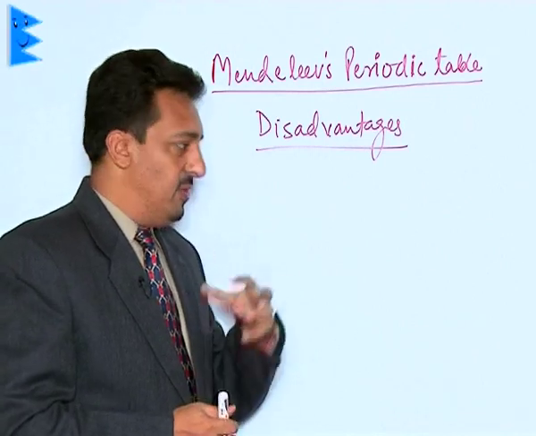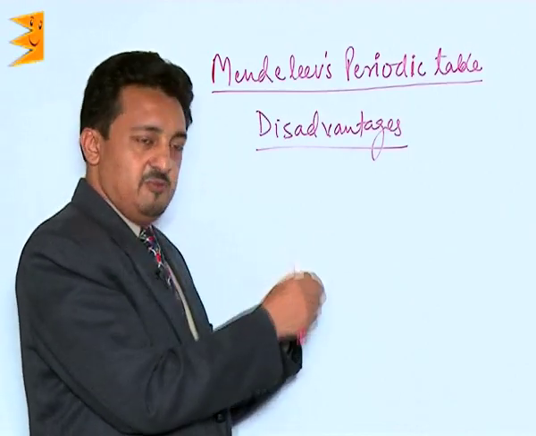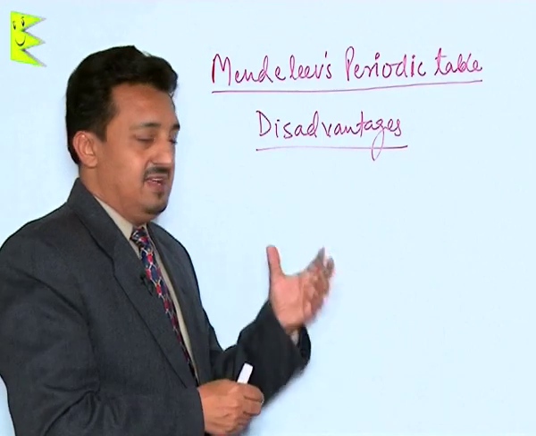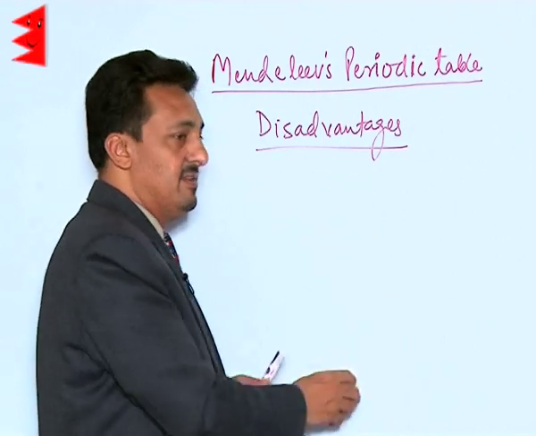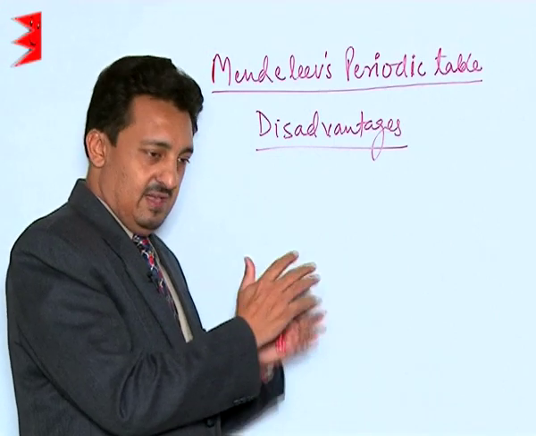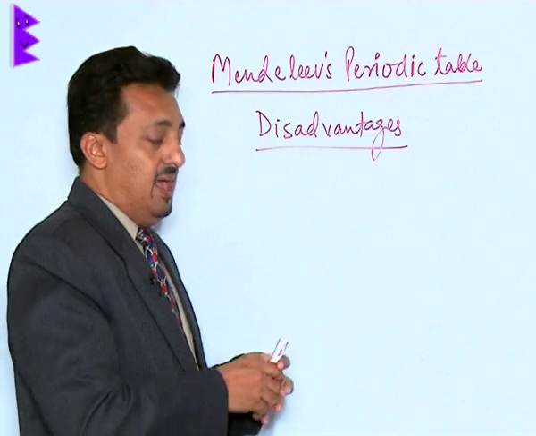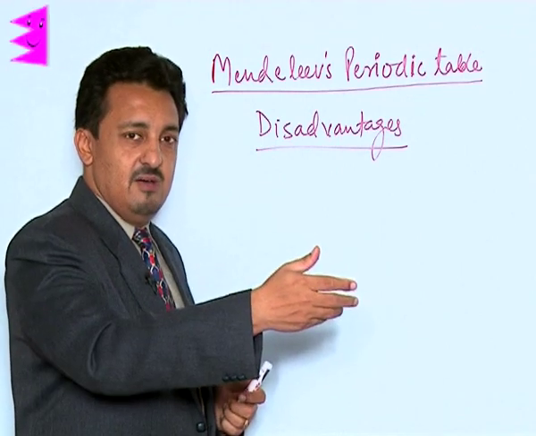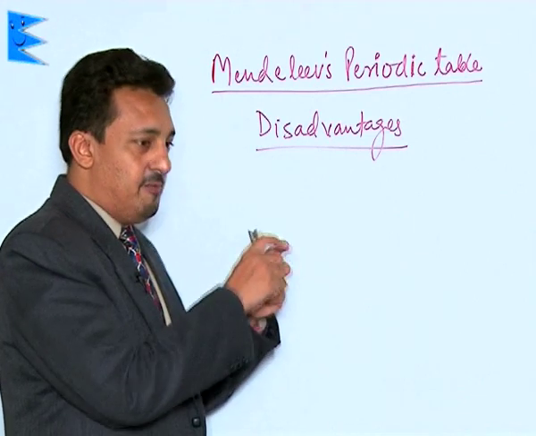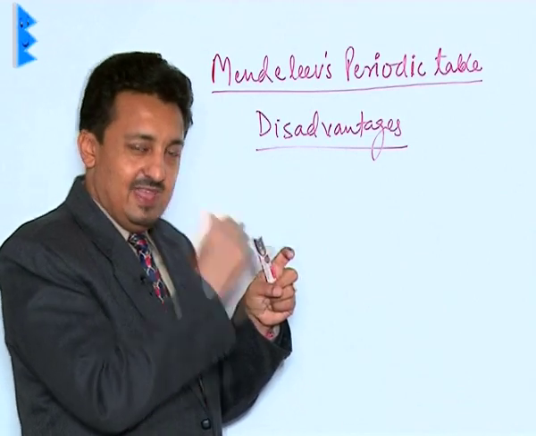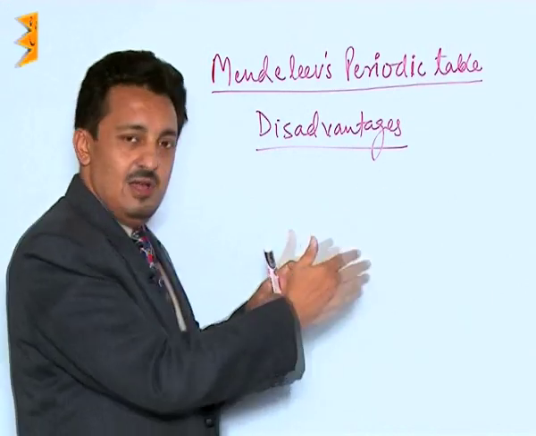His explanation was that he had arranged the elements on the basis of their similar physical and chemical properties, and that is why the increasing atomic masses are not followed. But if any particular property is taken in the periodic table, like increasing atomic masses, it should be followed for all the elements.